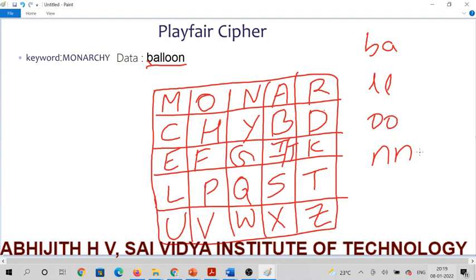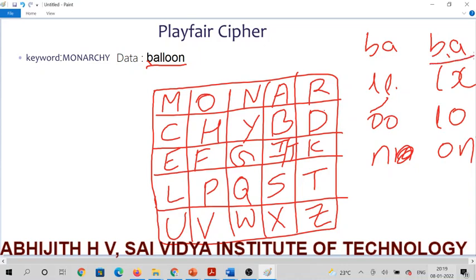In this example, it will be replaced like this: BAL, and I have one more L, so that will be replaced by X. This L I will be taking into the next digraph, LOON. So BALXLOON, balloon.